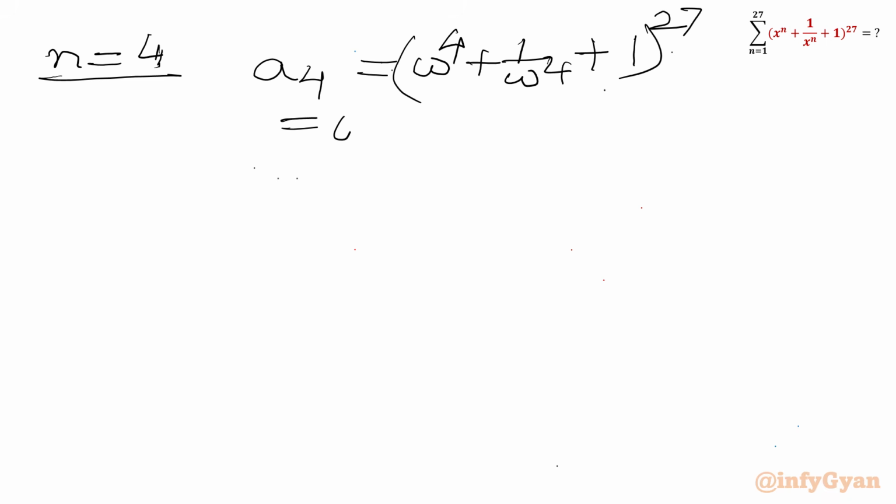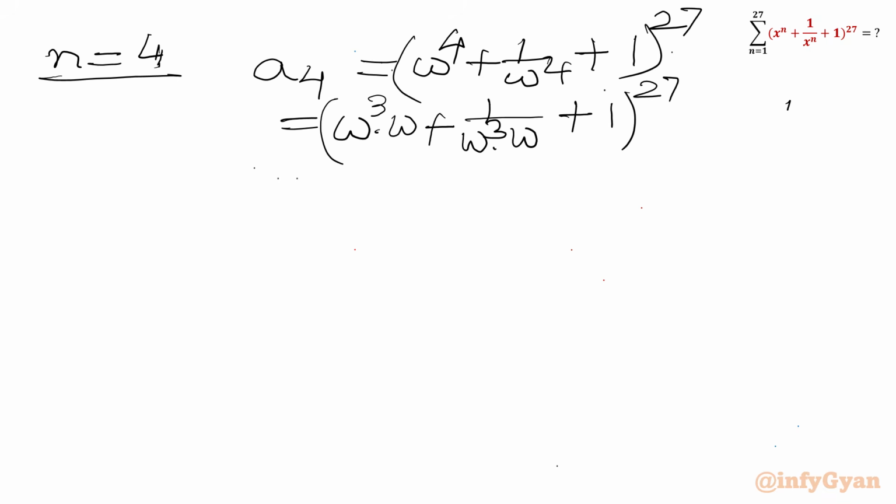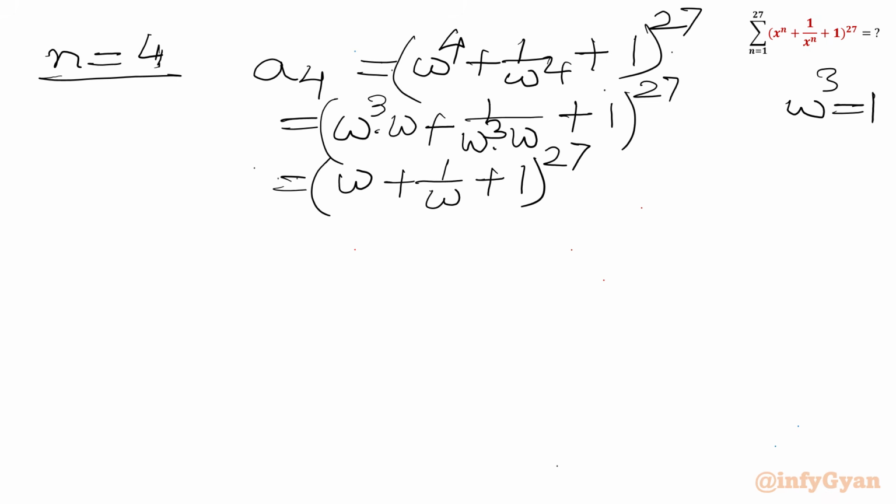Now omega power 4 can be written as omega cube times omega, plus 1 over omega cube times omega, plus 1, whole power 27. Now we know that omega cube is 1, so we'll be getting (omega plus 1 over omega plus 1) whole power 27. Now this is equal to a1, and a1 was 0.